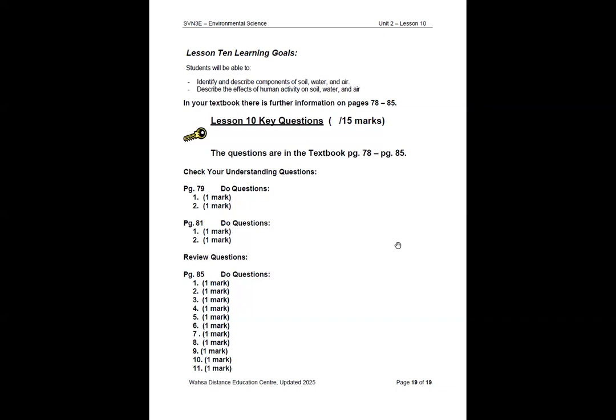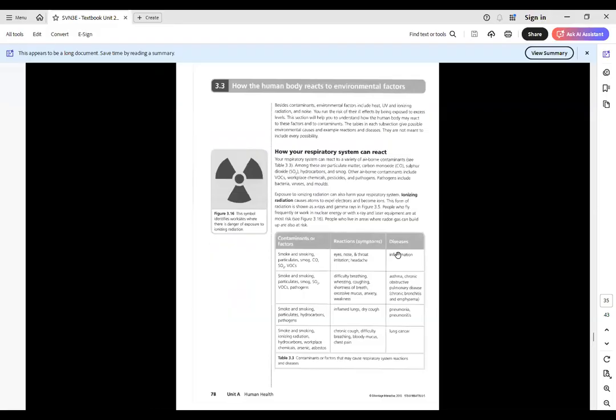So if you give me a minute, I'm going to switch my screens to our textbook, and you'll see in just a minute that we now have page 78 of the textbook, how the human body reacts to environmental factors.